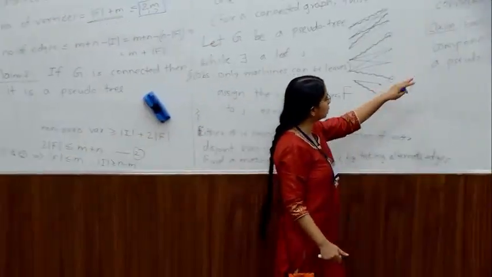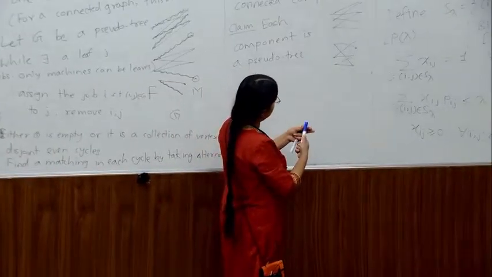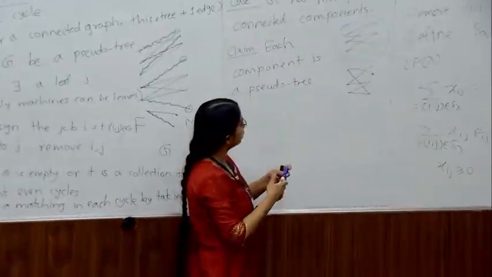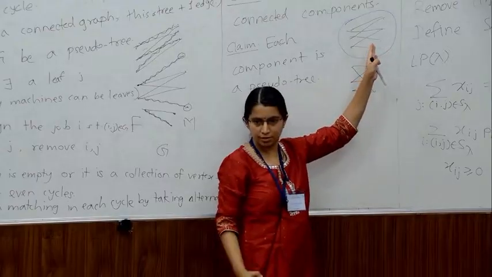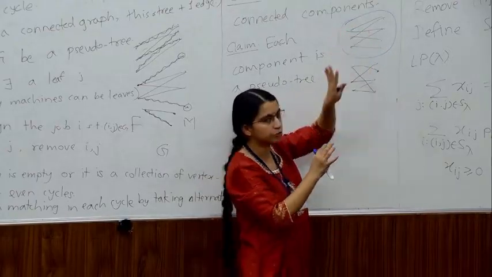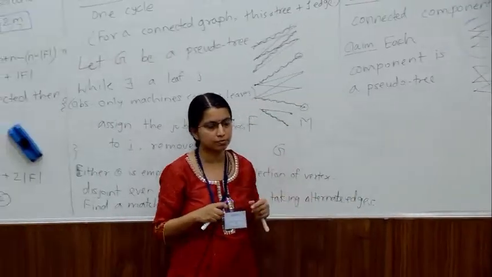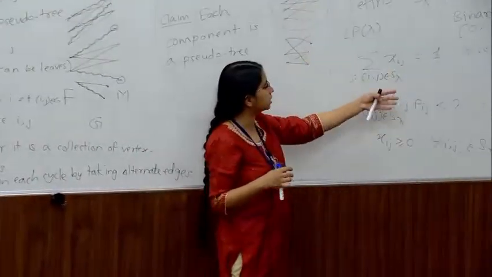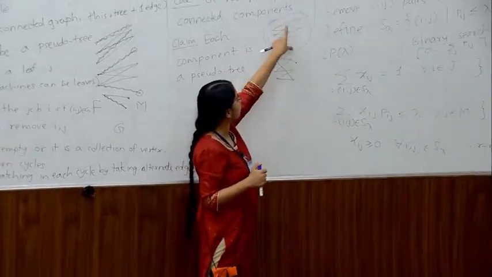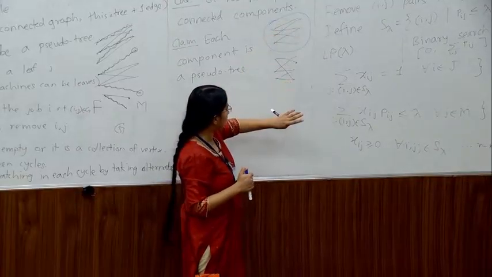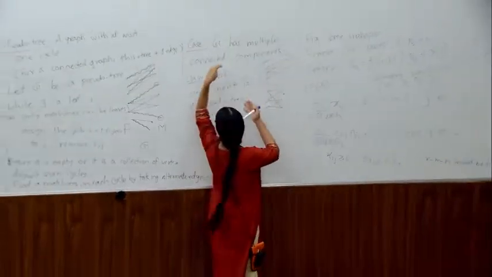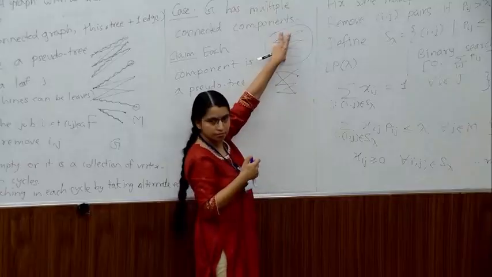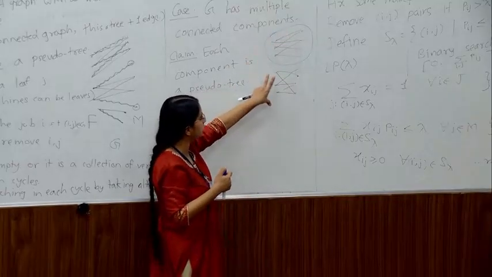So here we need to do a little more work, in the sense that we look at each component separately. Just focus on these jobs and these machines and pretend that only this was your input. You wrote the LP and found the lambda star only for this input. What I claim is that if you restrict your LP and the solution X to this input, this is a valid solution to the restricted LP, and it is also a vertex solution if the original solution was a vertex solution.